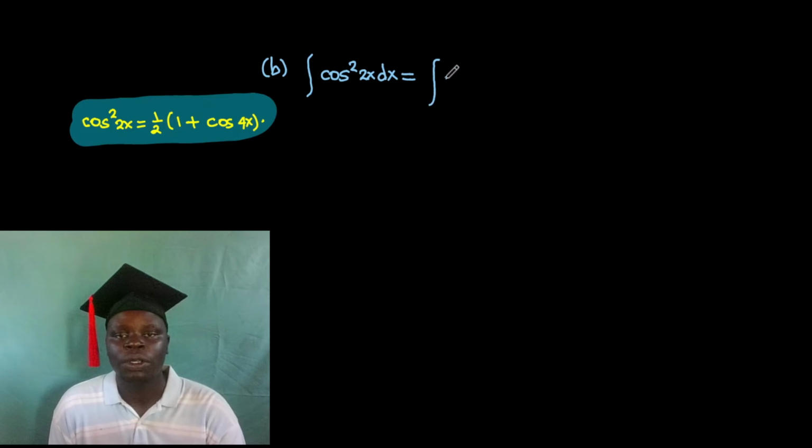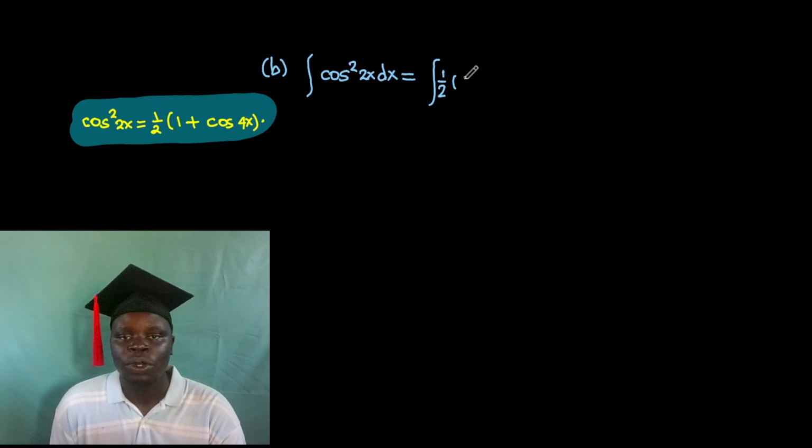So here we have 1/2 into 1 plus cosine of 4x with respect to x.